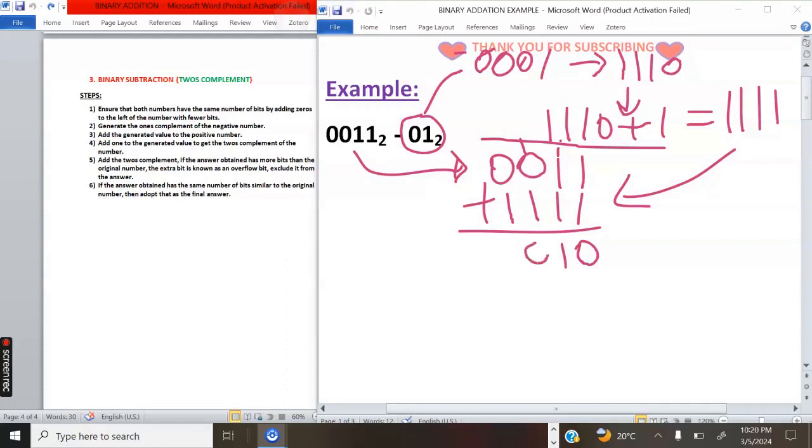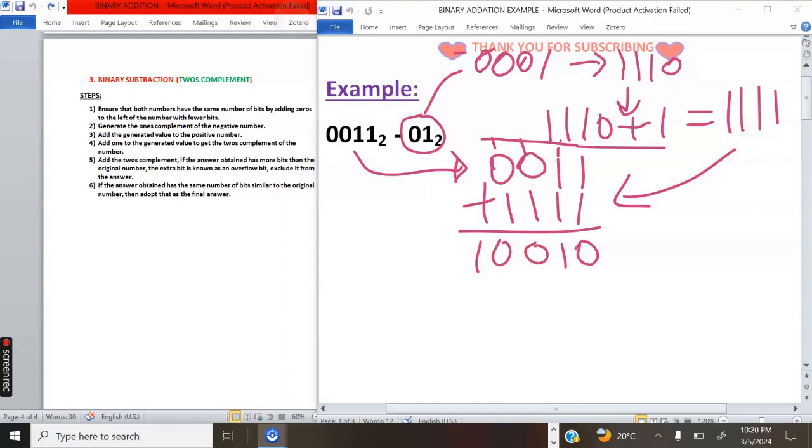Then you write 0, then you carry that other one above there, where we will have 1 plus 0 plus 1, which is equivalent to 1, 0. Then you write it as 1, 0. So our answer is 1, 0, 0, 1, 0. After adding 0, 0, 1, 1 plus 1, 1, 1, 1, you get 1, 0, 0, 1, 0.